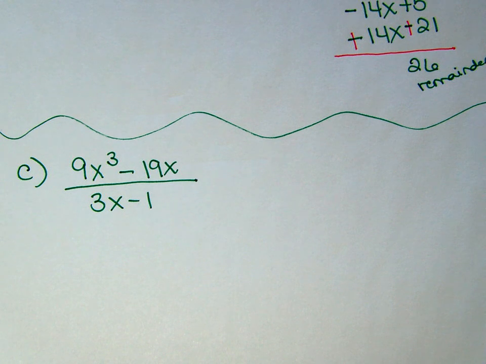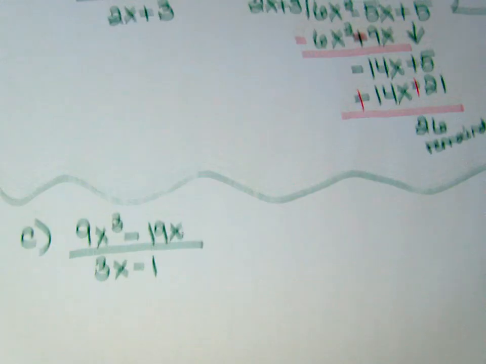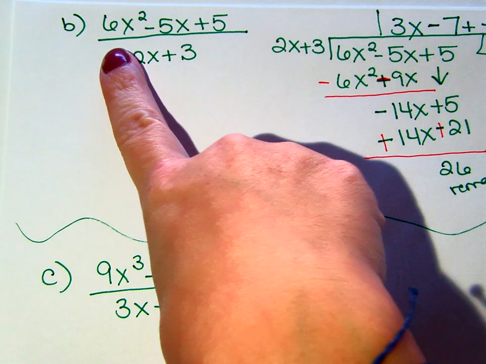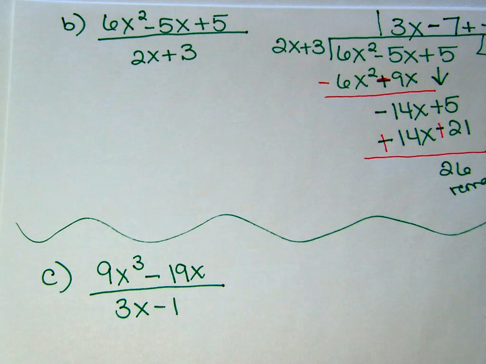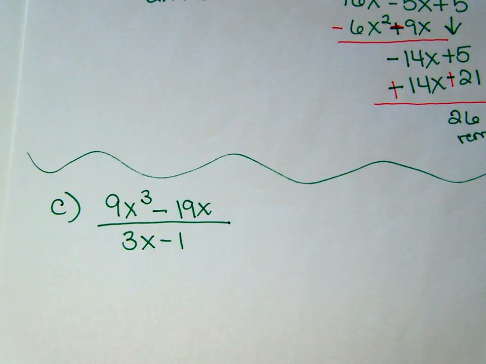Do you notice anything about your x's when you look at the 9x cubed versus the negative 19x. Thinking about like the polynomial we just did up here. We had a 6x squared, a negative 5x, and a positive 5. Here we have 9x to the third minus 19x.